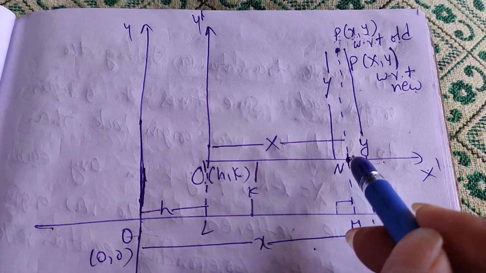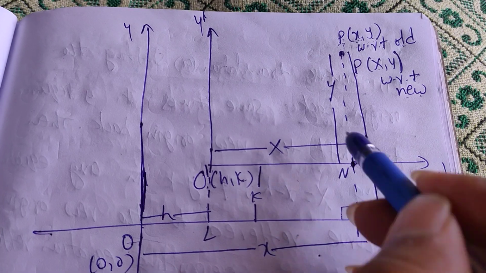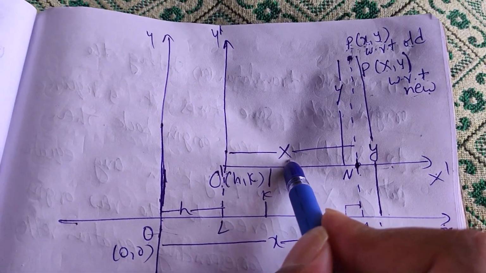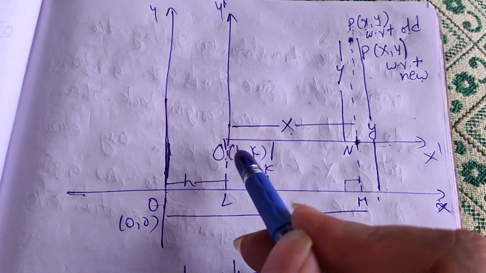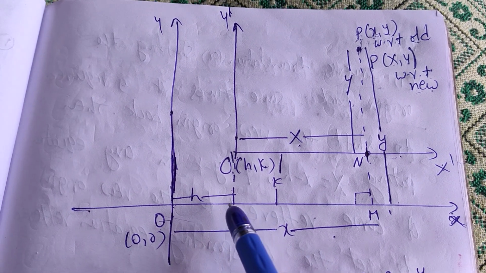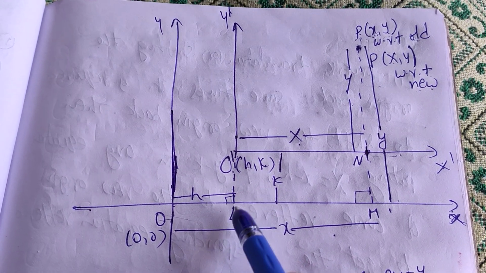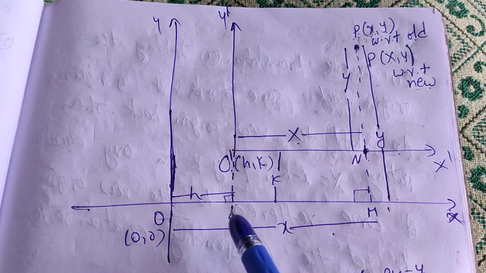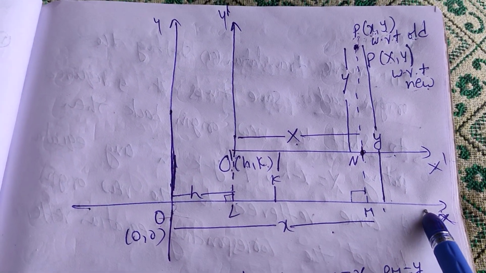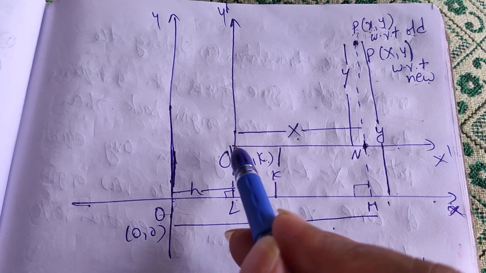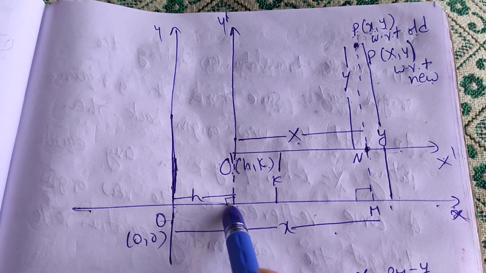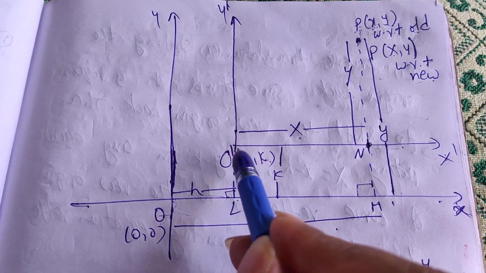This length from P to N is nothing but capital Y, and O dash to N is nothing but capital X. Now drop a perpendicular from O dash to the x axis; it meets the x axis at L. Then O dash is h comma k according to the original coordinate axis, so this length is h and this length is k.